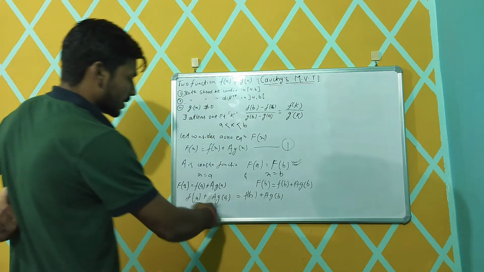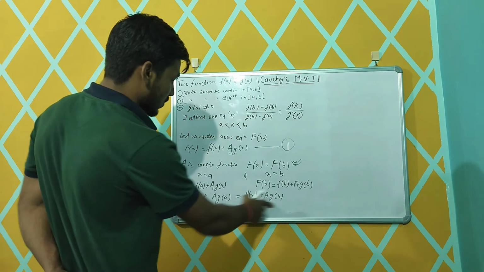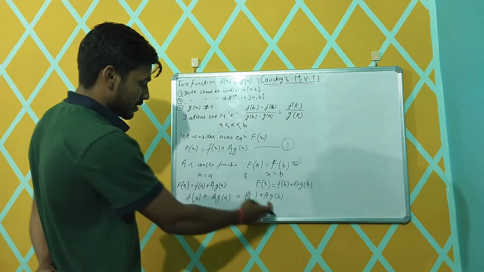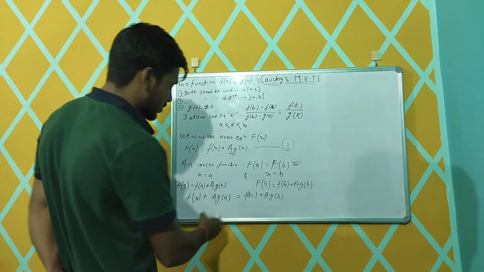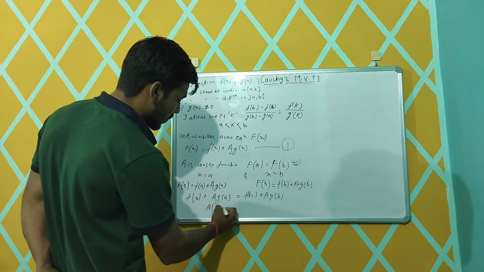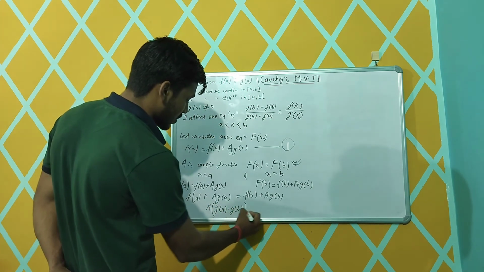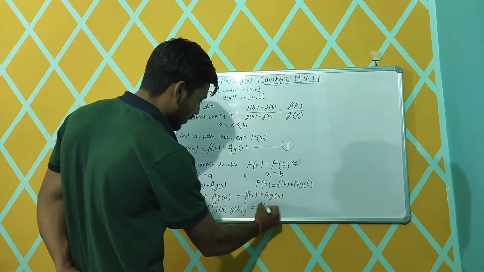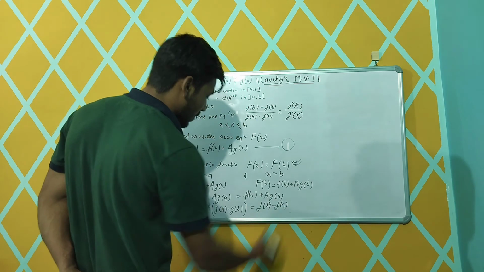From here we can separate the terms. Taking the function of a to the left hand side and the function of f to the right hand side, it will be a times the quantity g of a minus g of b, equal to f of b minus f of a.